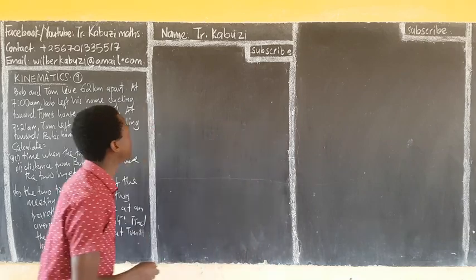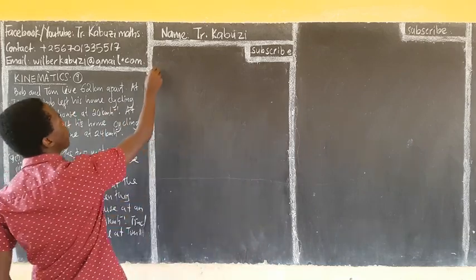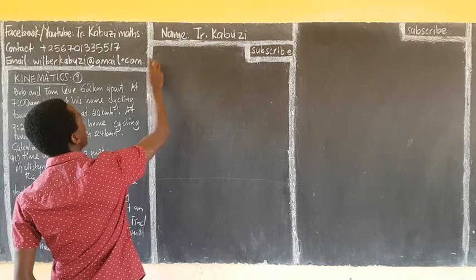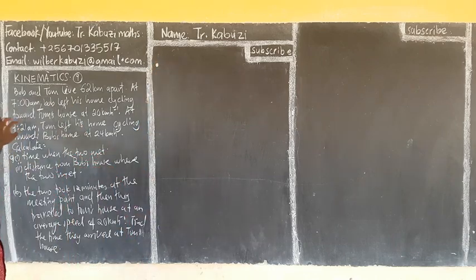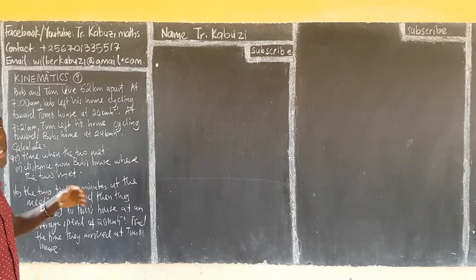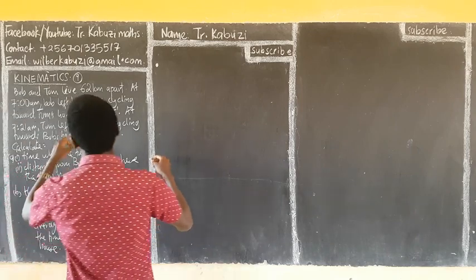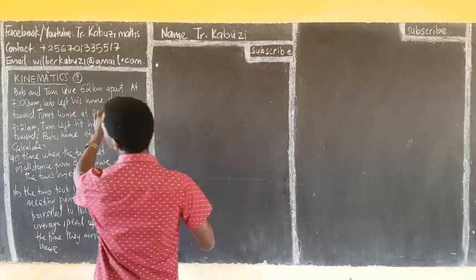Now, before Tom starts cycling, Bob has already cycled 21 minutes. So we need to know the distance he had covered.